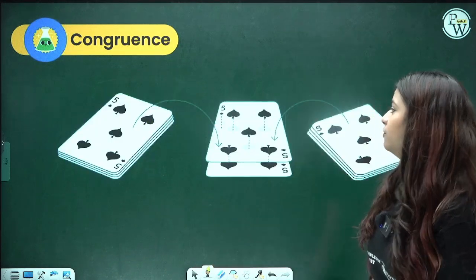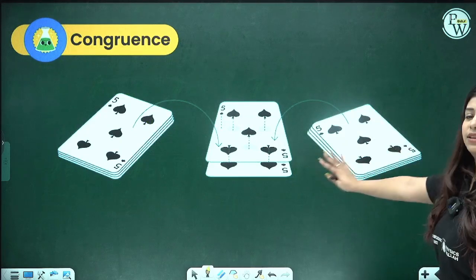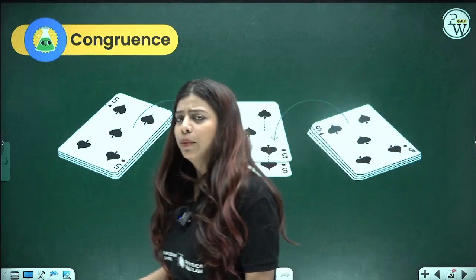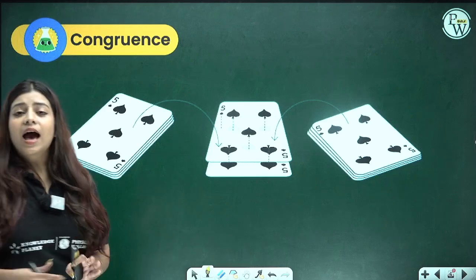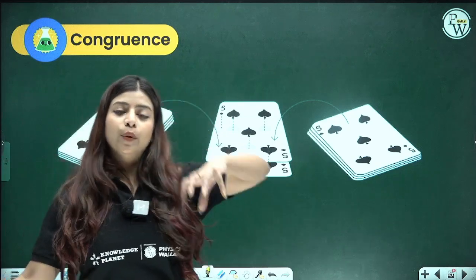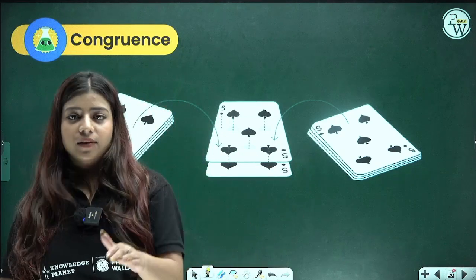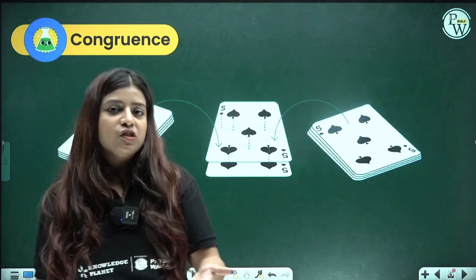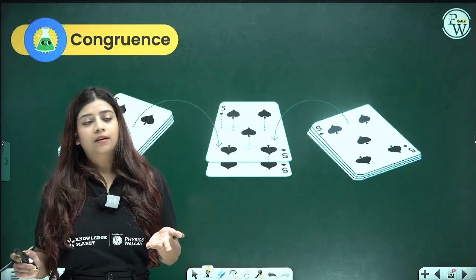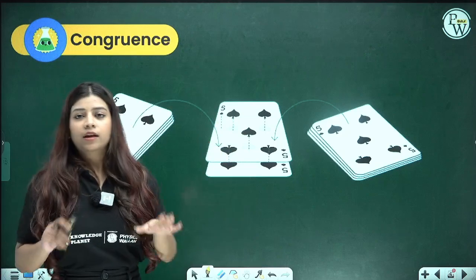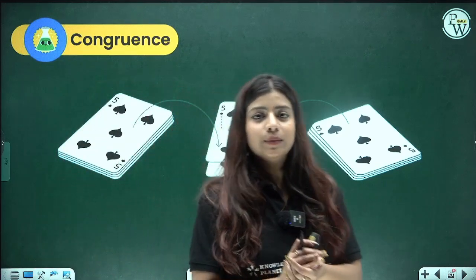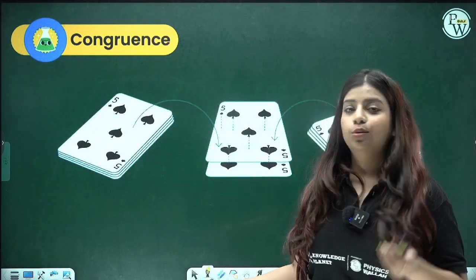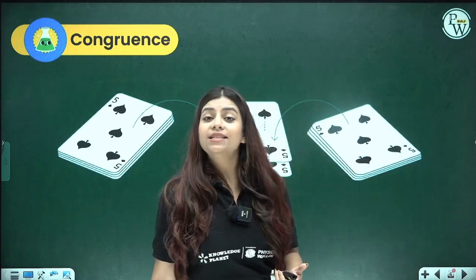The next thing that we have is, have you seen these playing cards? Maybe Uno, maybe any other playing cards. If you place one card over the other card, the card which is present down gets totally hidden. They are totally overlapping each other, right? So these are also the same shape and same size.